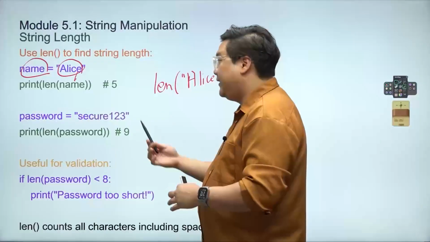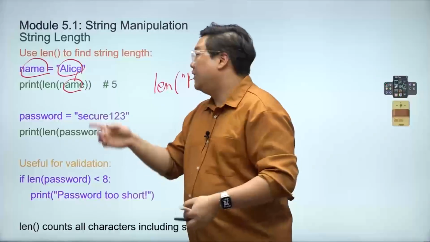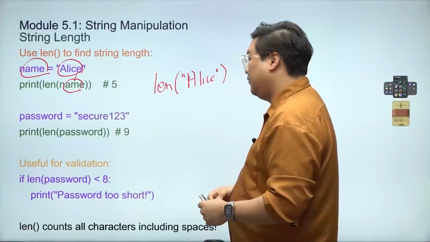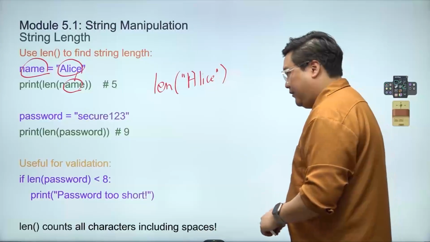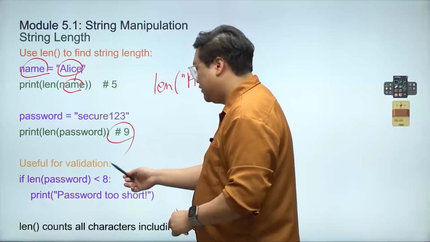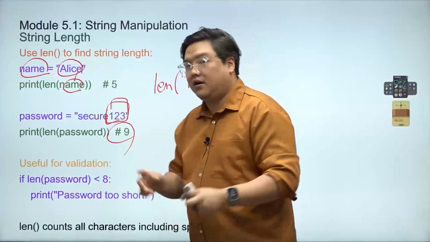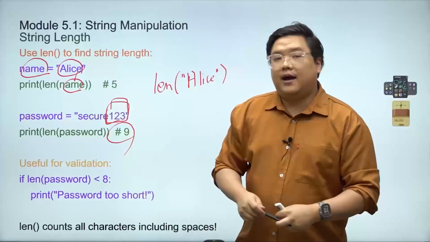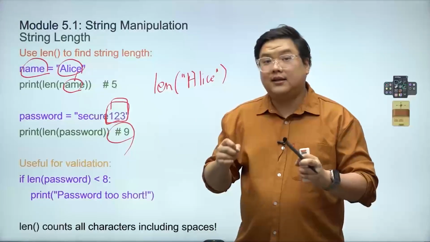Okay, so len parentheses and either variable or the string itself, that will give us the length. Okay, so here, password = "secure123". So if we check len(password), it will give us 9. So again, just in case you guys forgot, if we have a number within a string, that means that number is not a numerical value, but it's a text value.